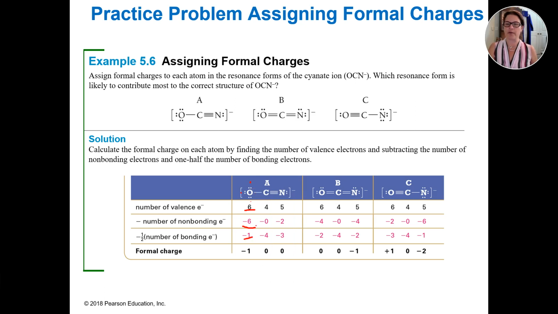That's where the 1 is coming from. So 6 minus 6, minus 1. So that formal charge is minus 1. Carbon has 4 valence electrons. There are no non-bonding or lone pair electrons, so 0. And it's got 2, 4, 6, 8 bonding. 8 divided by 2 is 4. So 4 minus 4, 0.